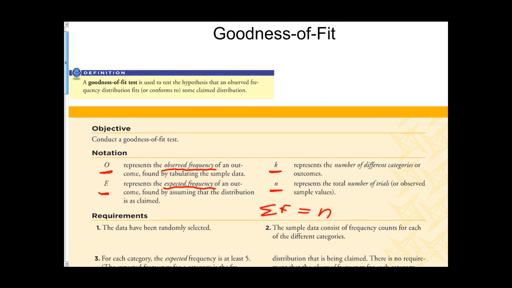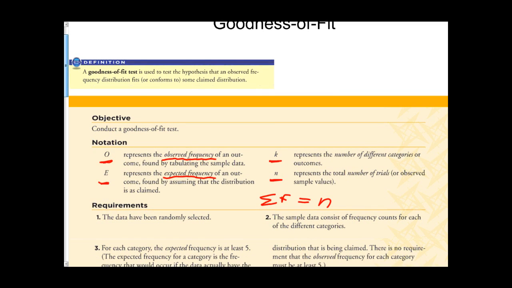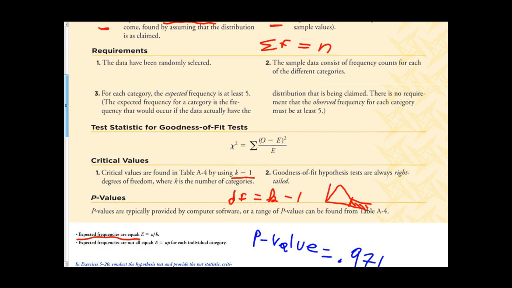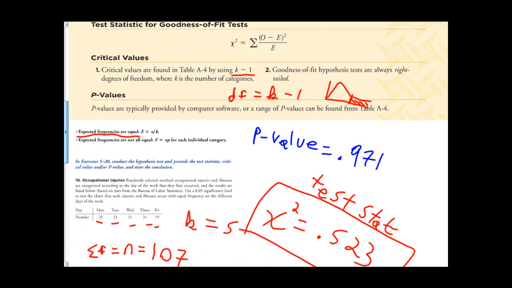Remember the null hypothesis up here. We're testing the hypothesis that an observed frequency distribution is equal to some claimed frequency distribution. That would be the null hypothesis, that they're equal. Since this p-value is so high, that null hypothesis is probably true.